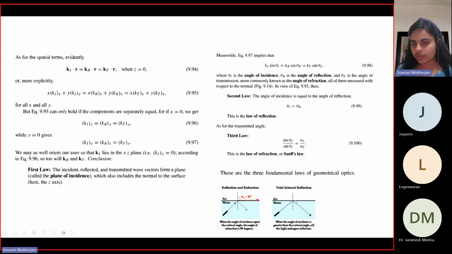You would get an imaginary wave number there, because all of the light is actually reflected back. So the transmitted light becomes an exponentially decreasing amplitude wave. We'll talk about it in the coming slides.